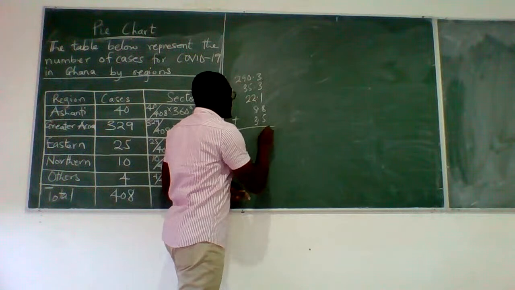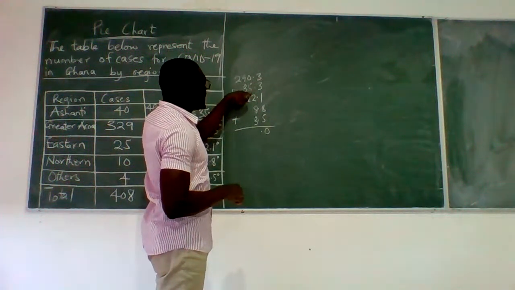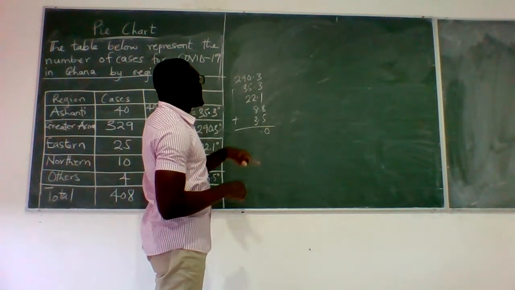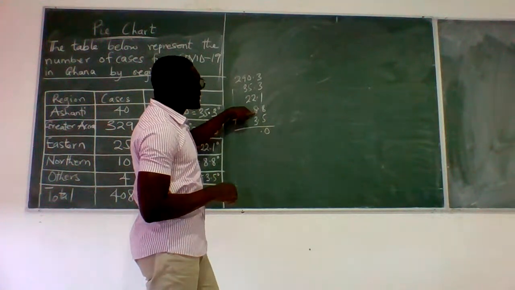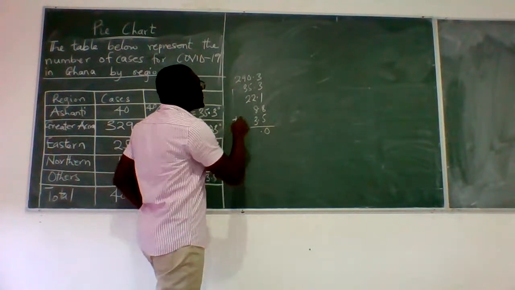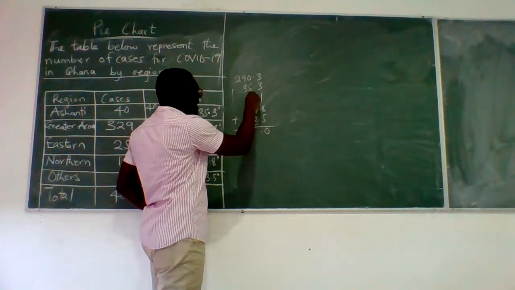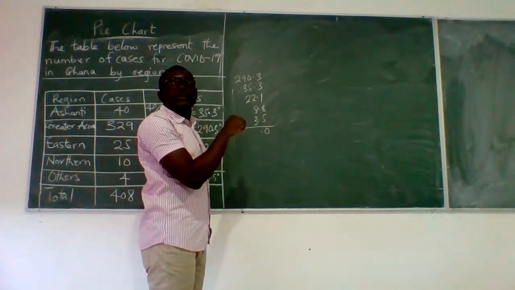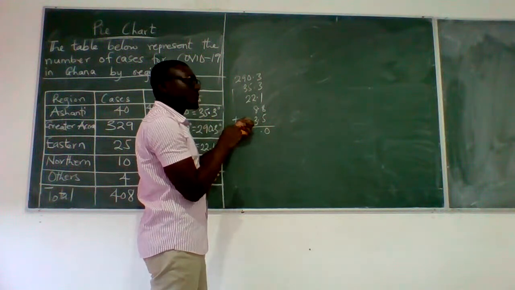So we have the 2 added to this should give us 7. 7 plus this is 9. 9 plus this should give us 23. Oh, wait, let me check. So 2 here, 7, 9. 9 plus this should give us 17, plus this, yeah, 20.